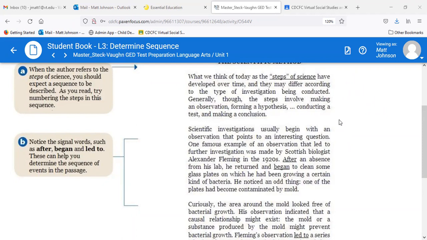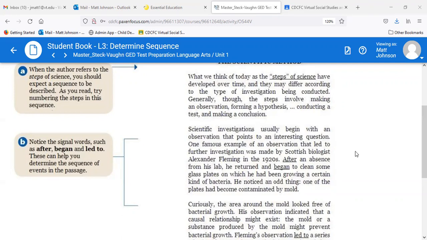Scientific investigations usually begin with an observation that points to an interesting question. One famous example of an observation that led to further investigation was made by Scottish biologist Alexander Fleming in the 1920s. After an absence from his lab, he returned and began to clean some glass plates in which he had been growing a certain kind of bacteria.